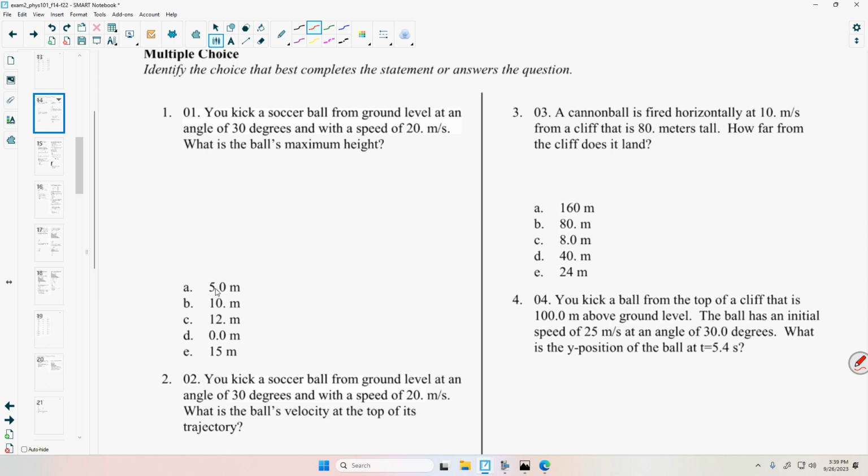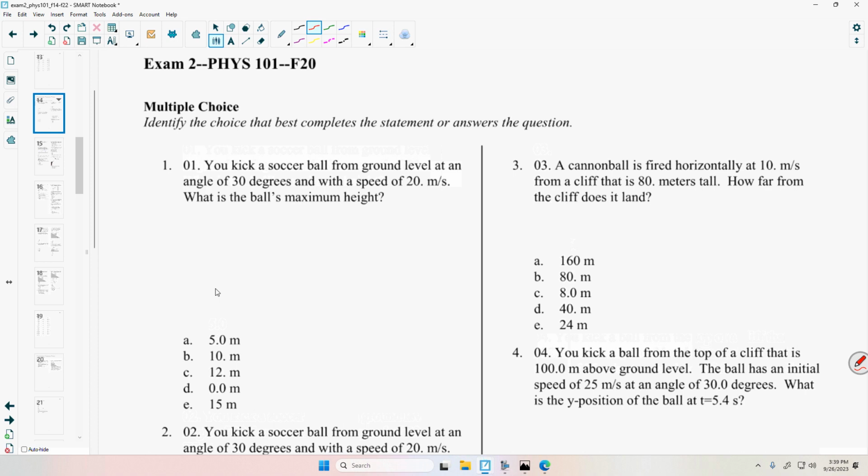Okay. So we worked one similar to this, but I don't think we did this part of it before. But you definitely will have a horizontal launch. So I have an object that is fired horizontally. Remember, V naught x is equal to V naught, so V naught x is equal to 10 meters per second, and V naught y is going to equal 0. Those are our initial conditions. Those are important.